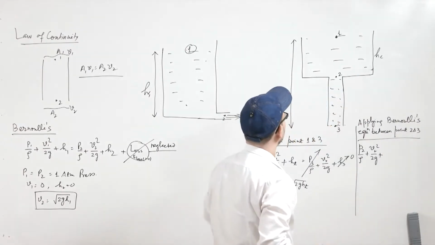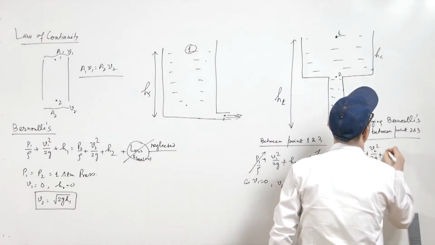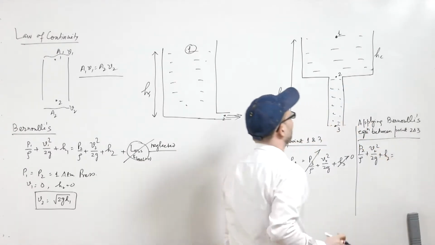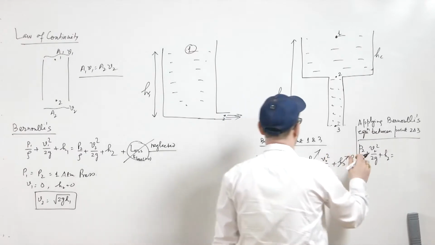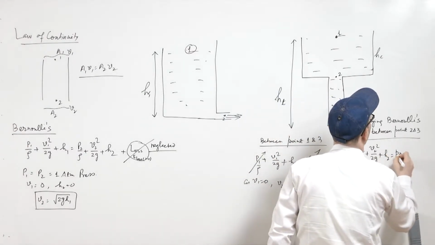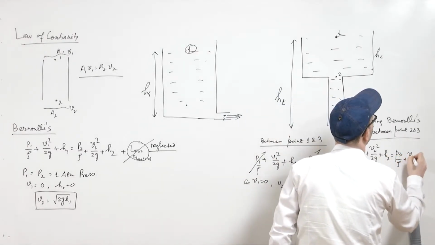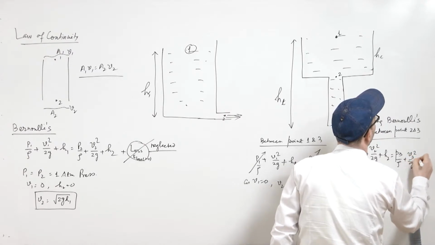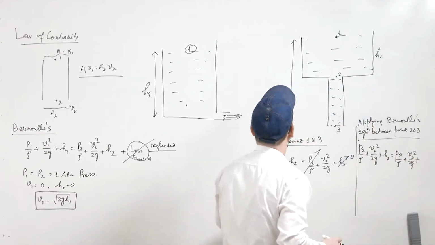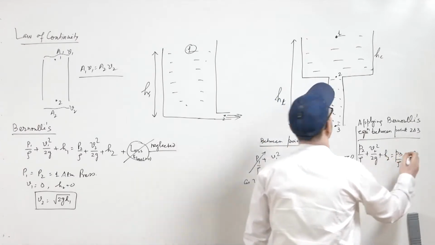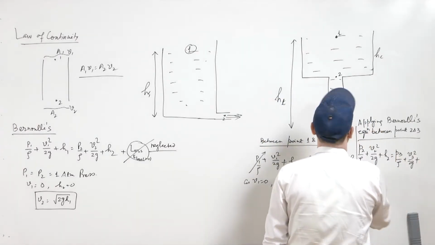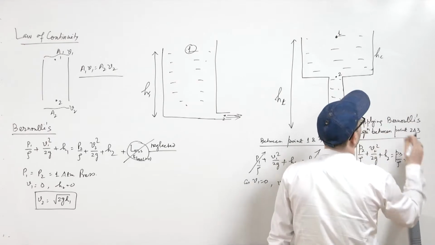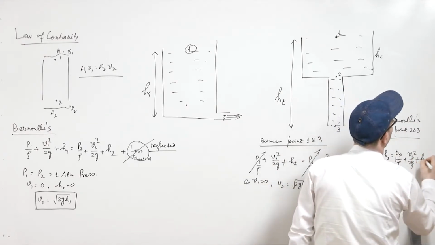This height will be H2, suppose, then it will be equal to P3 by rho plus V3 square by 2g plus the last term, height. This height is H3, that is 0.